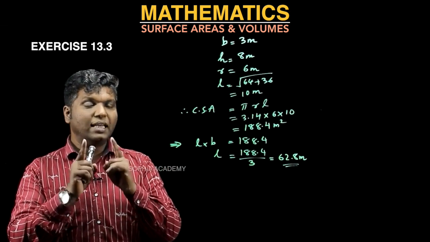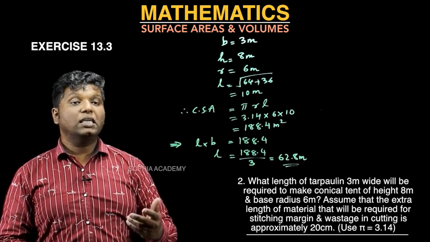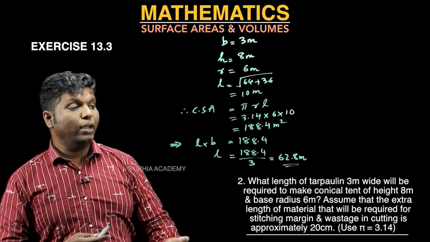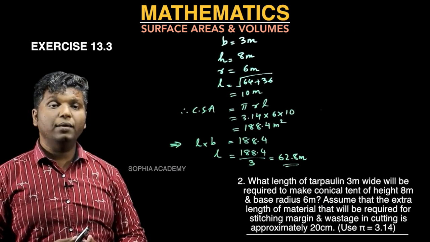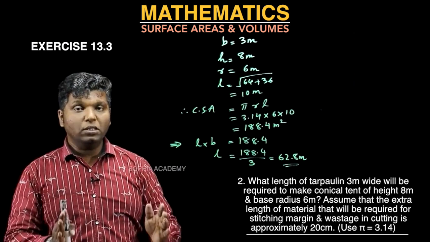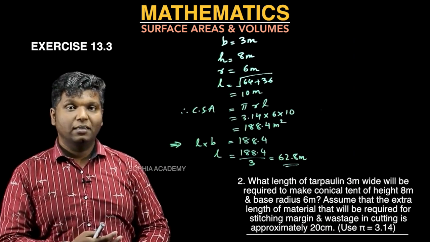But one more sentence is mentioned in the question. What is that? You have to add an extra 20 centimeter, because of the wastage, the extra area required for stitching the margins.